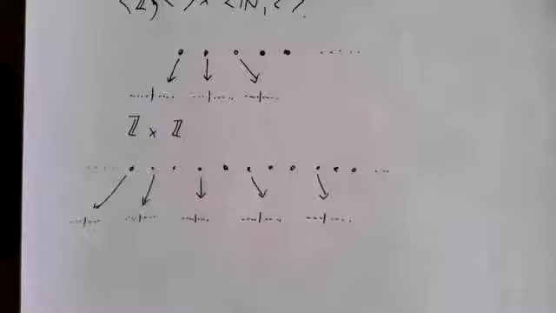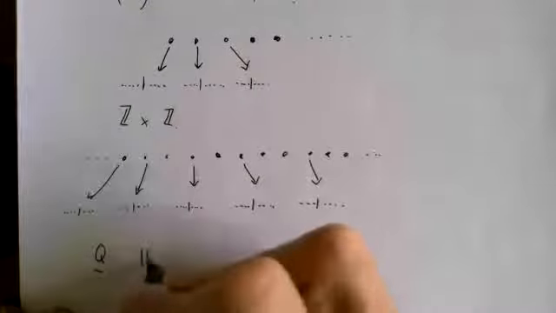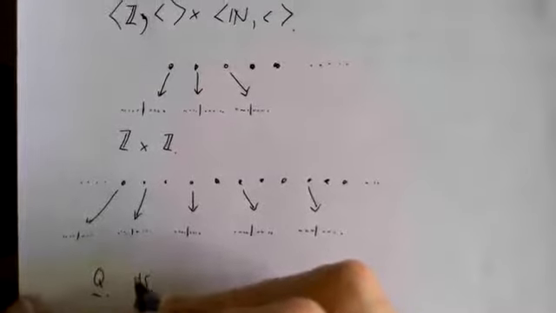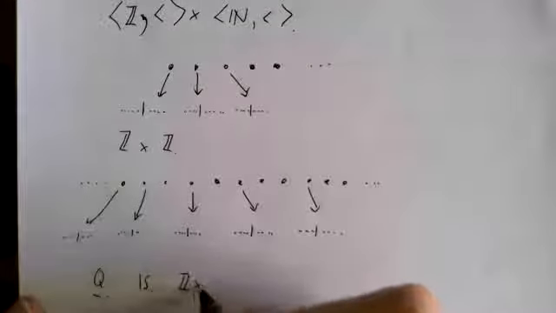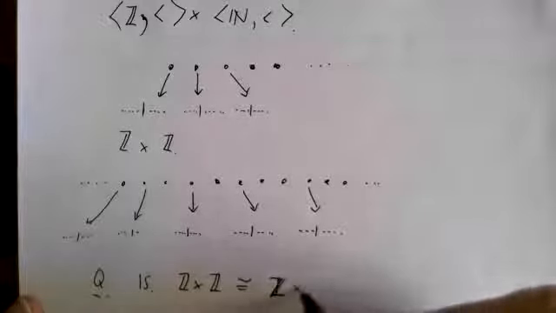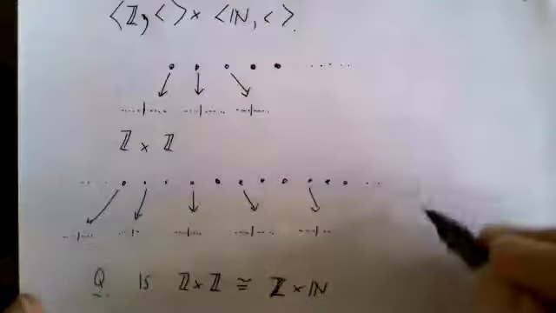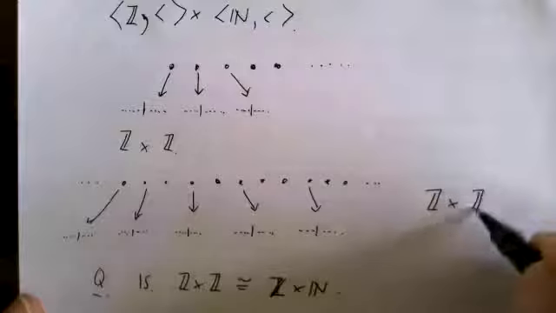So then you might ask, okay, are these isomorphic? So is Z cross Z isomorphic to Z cross N? So here's Z cross N at the top, and here's Z cross Z down at the bottom.